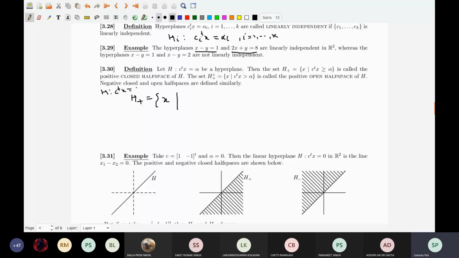If I have written in this way, then H plus is equal to set of all x such that C transpose X is greater than equal to alpha. So this is called the positive closed half space.